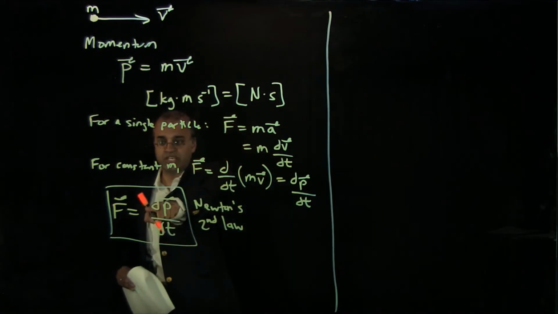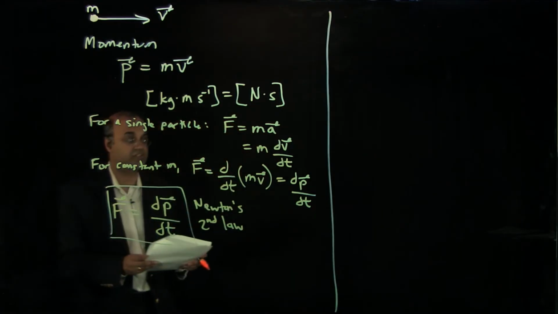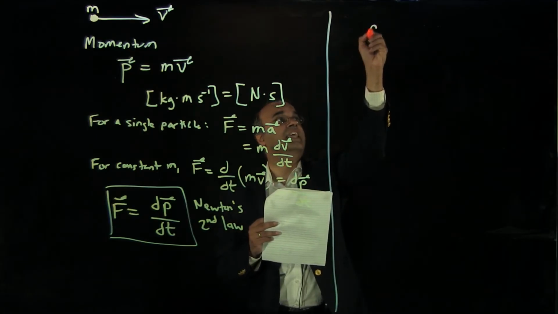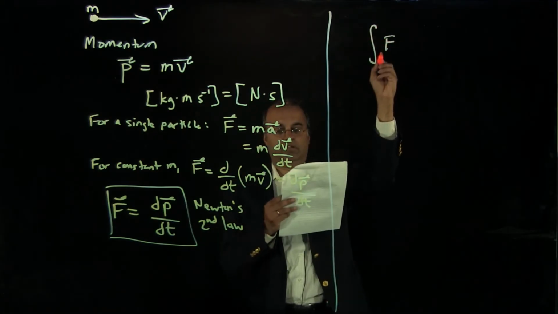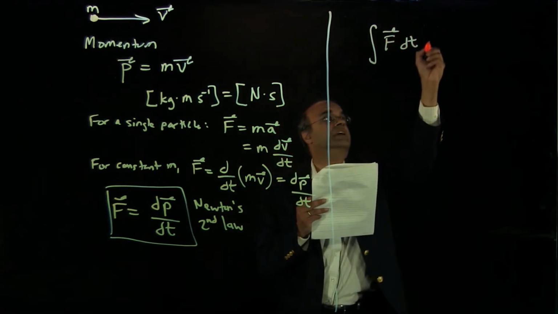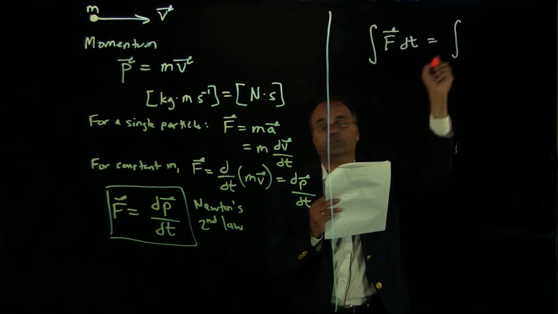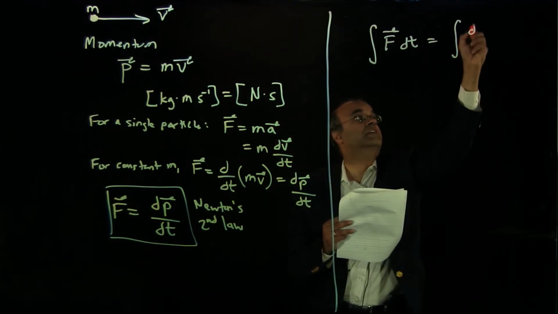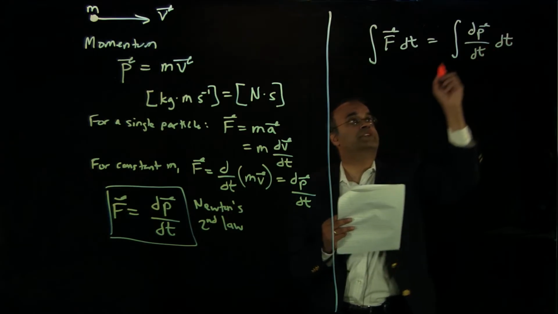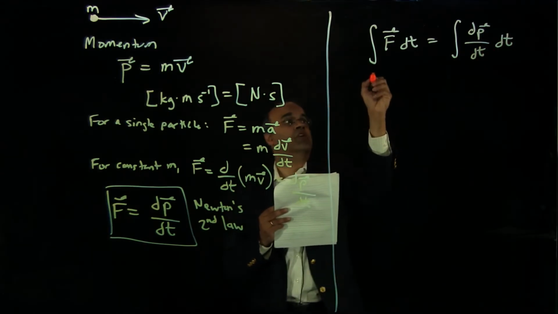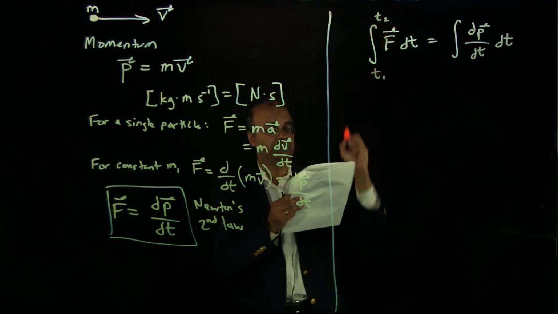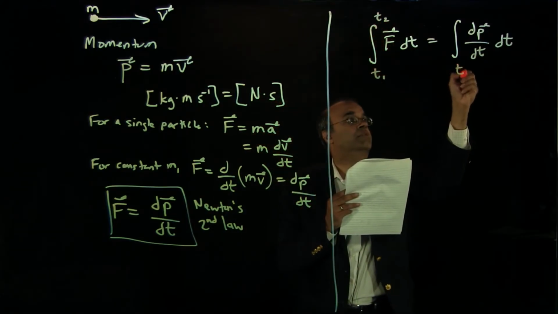If I take this equation and integrate both sides with respect to time, then I can write that as the integral of F with respect to time is equal to the integral of the right-hand side, dp/dt, with respect to time. And let's make this a definite integral. I'll go from time t1 to time t2 on both sides here.